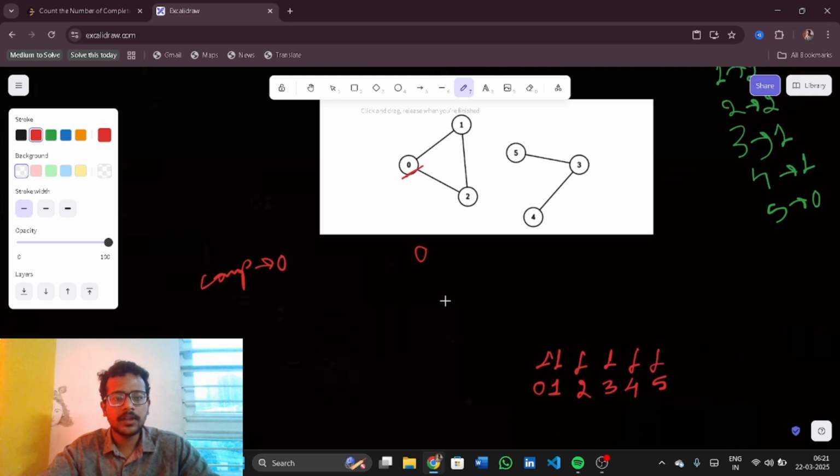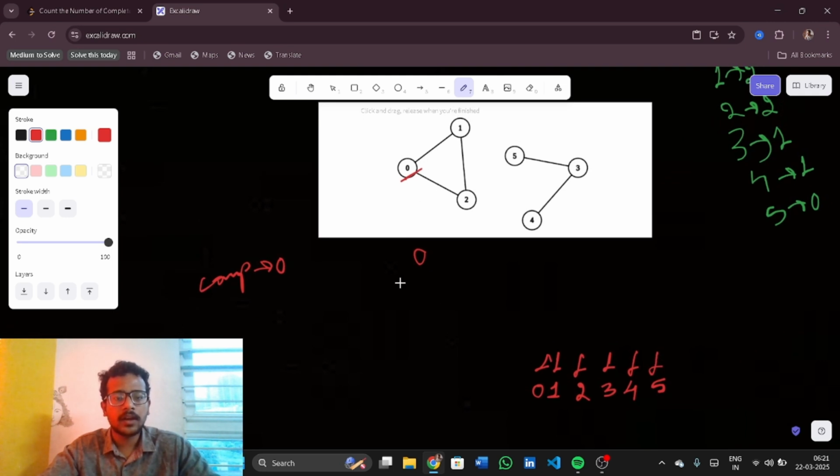Now 0 is the first node. Let me write the components and nodes as an unordered map of int to vector of int in C++. So component is 0 and the nodes are initially 0. If I do a depth first search, then I get a 1 here. 0 is visited, so let me mark it as true. 1 is also visited, so mark it as true.